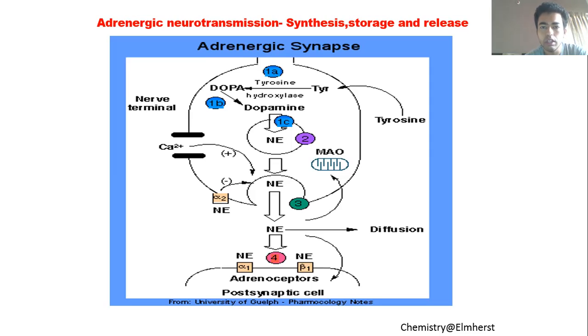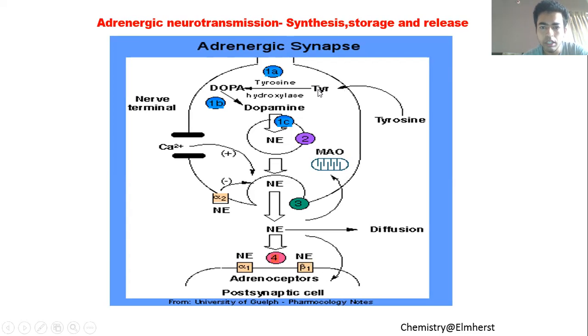So for the synthesis of adrenergic neurotransmitters, there is an amino acid which is required called as tyrosine. So this tyrosine will enter the presynaptic neuron with the help of a transporter called as aromatic L-amino acid transporter. So you will find it here.